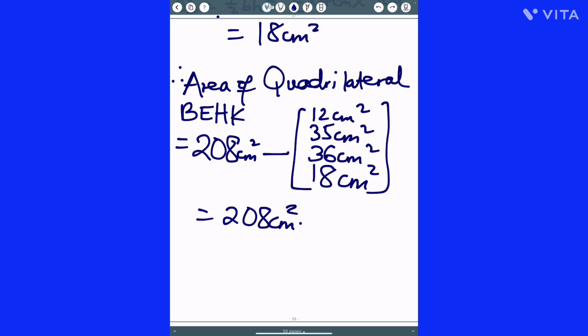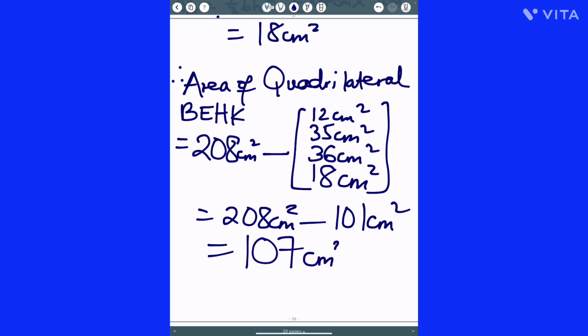So 208 centimeters squared minus what? 12 plus 35 plus 36 plus 18 is 101. 208 centimeters squared minus 101 centimeters squared gives 107 centimeters squared.